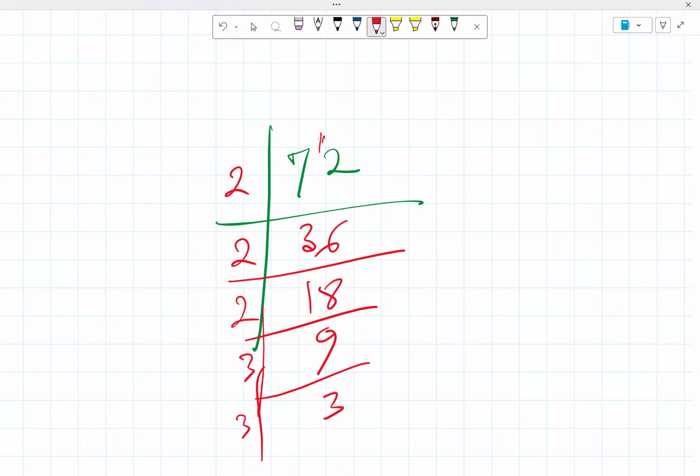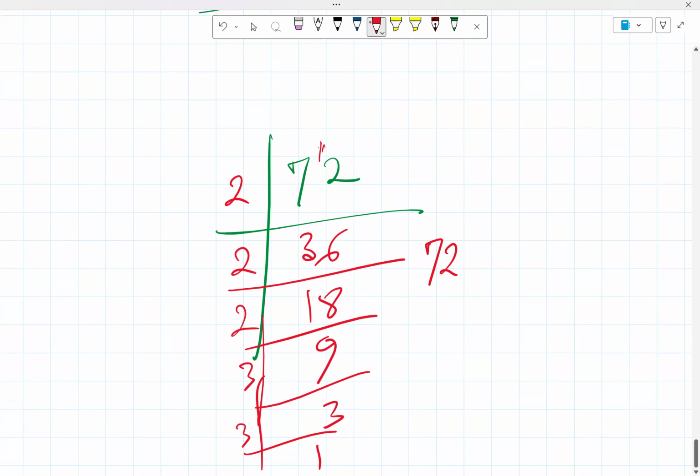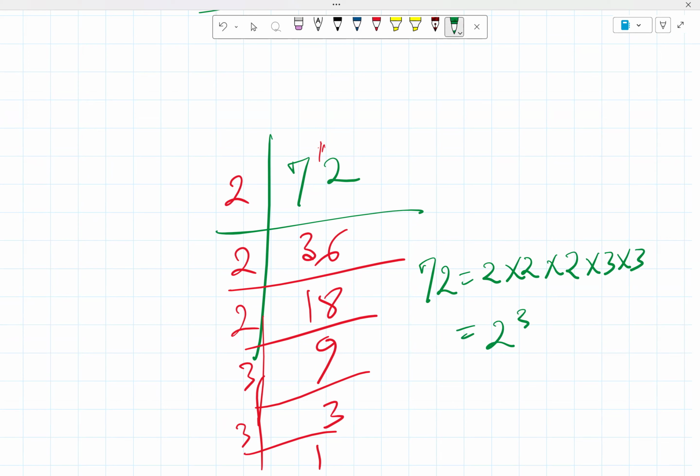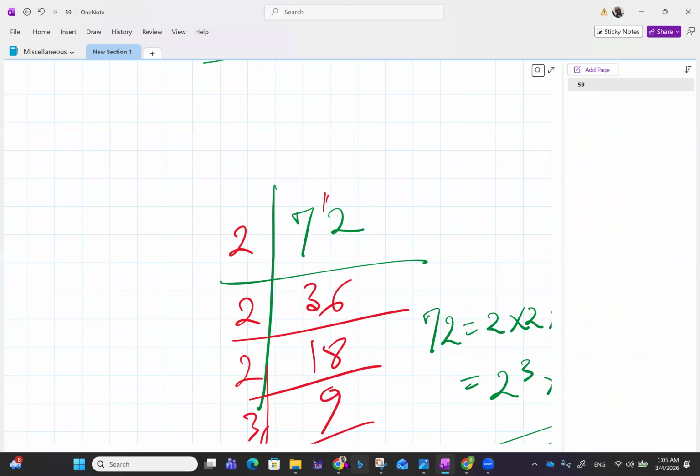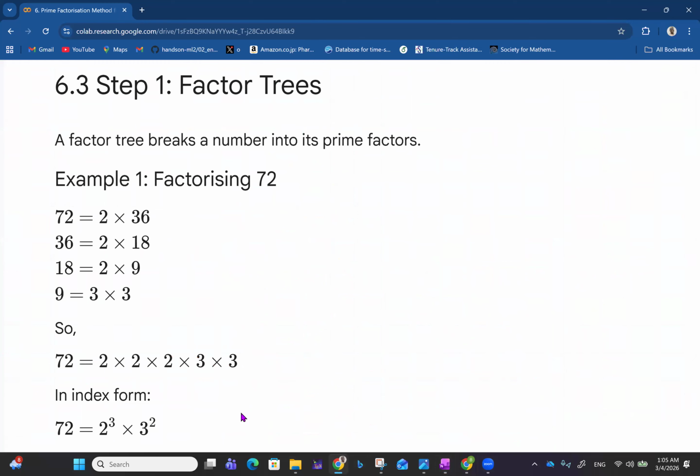And finally, 3 goes into 3, that's 1. So you can express 72 now as 2 times 2 times 2 times 3 times 3. So that is actually 2 raised to power 3 times 3 raised to power 2. So that is 72 right there. So that's the idea of the factor tree.